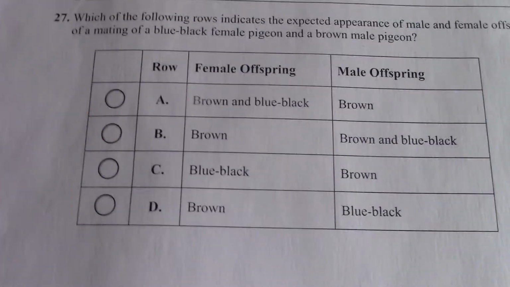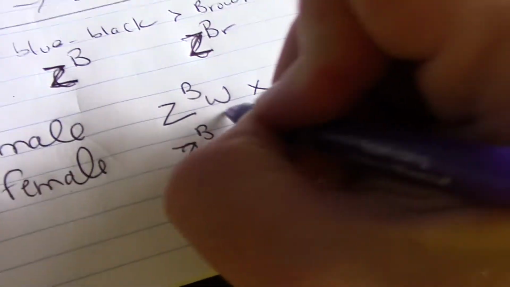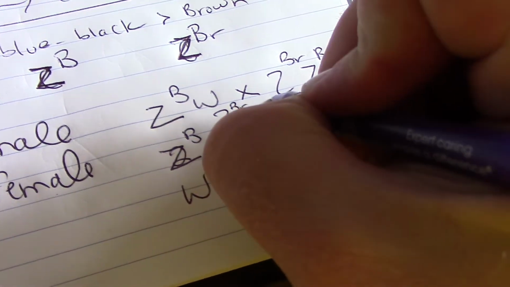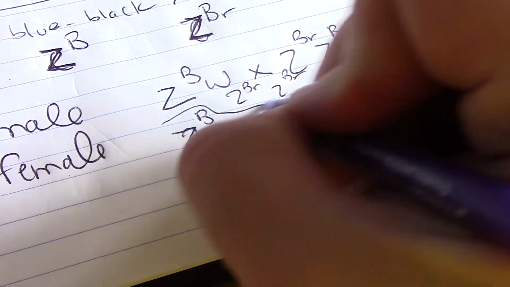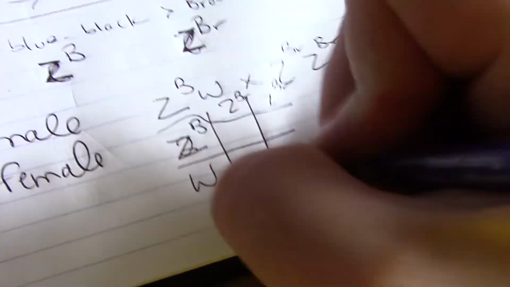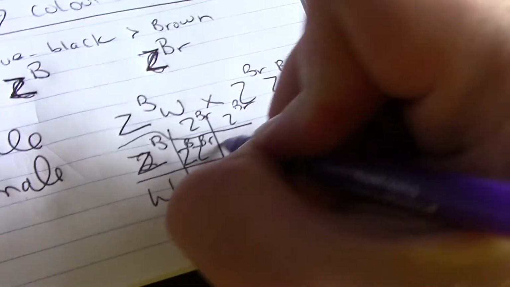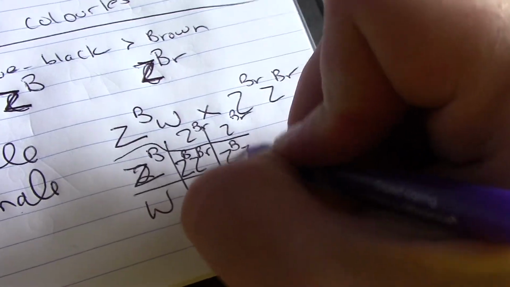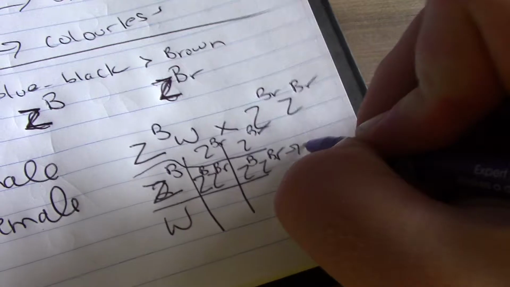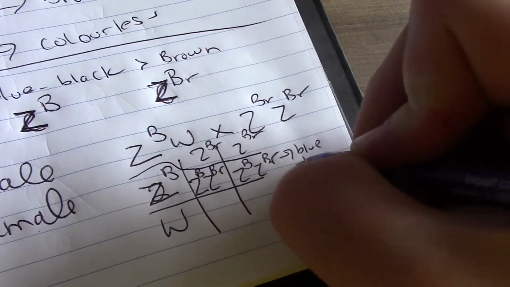All right. So 27 is asking what does the offspring look like? So let's make our Punnett square. So you have ZB ZBR, those are blue-black males.